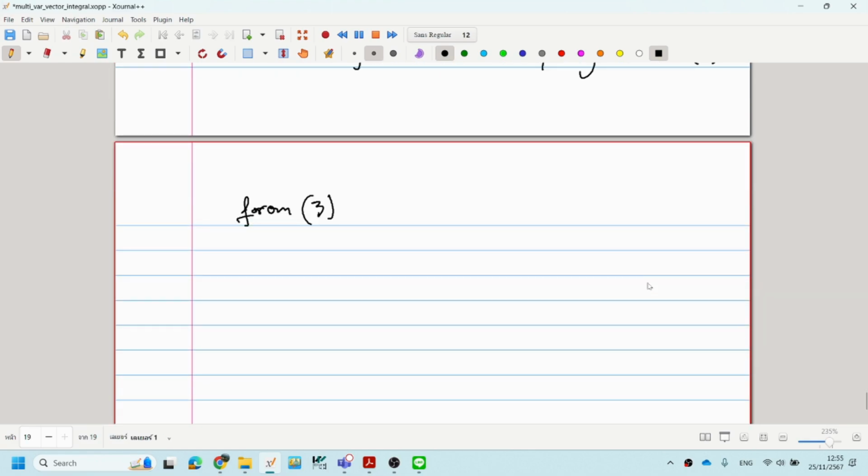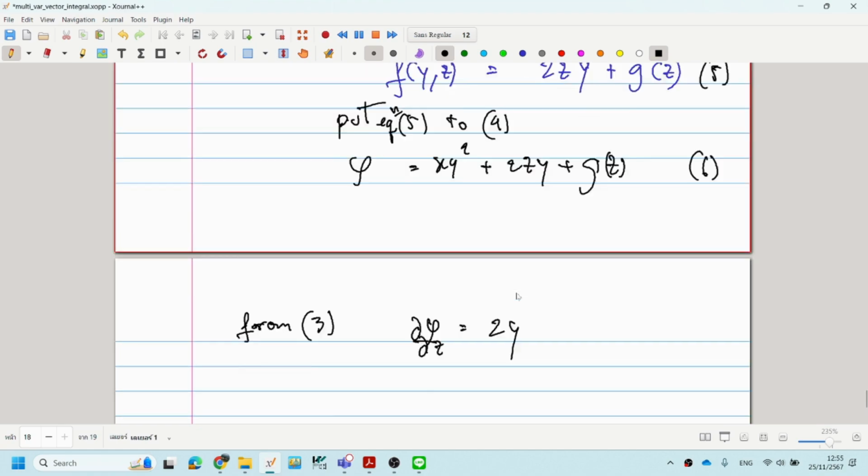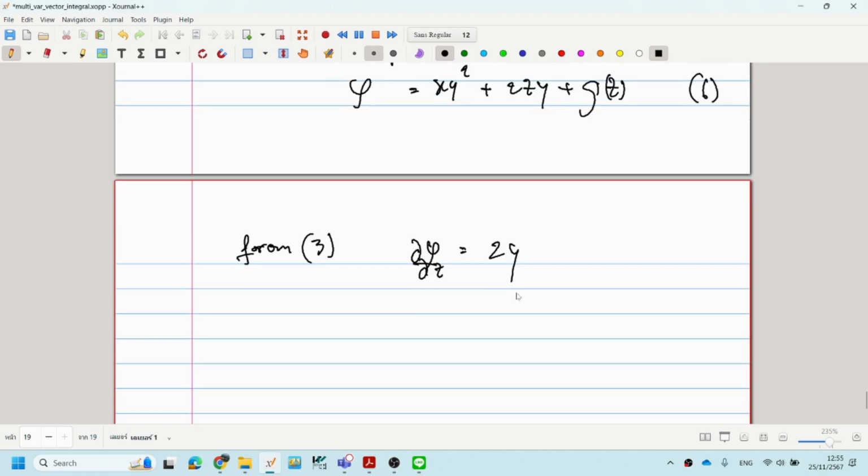From three, curve phi by curve c equals y, right?